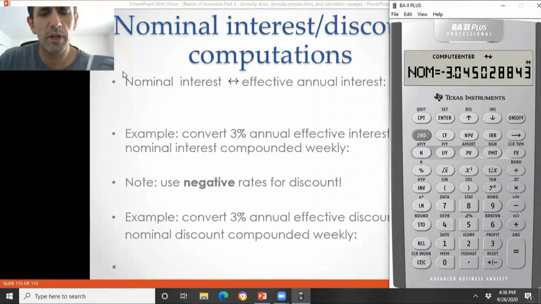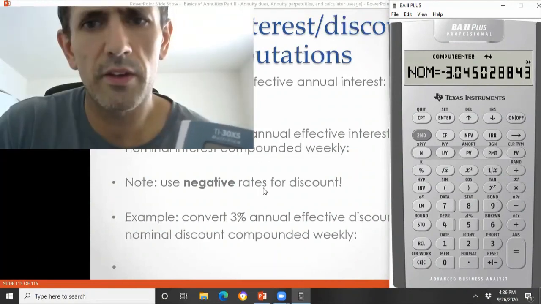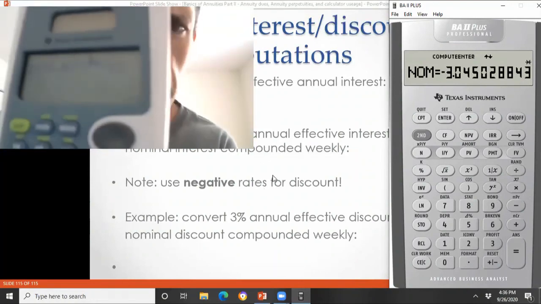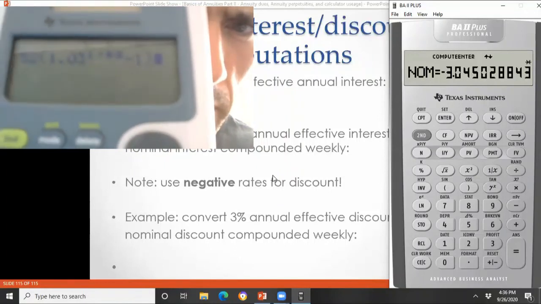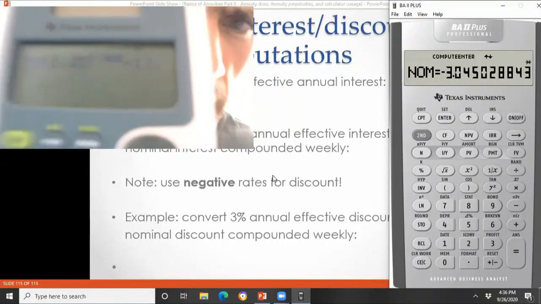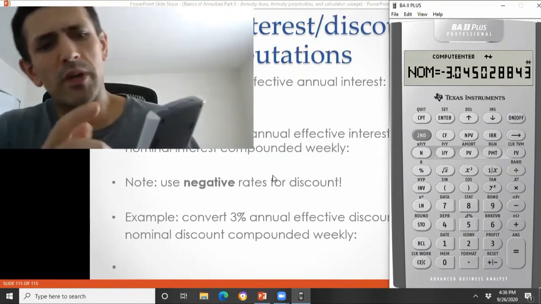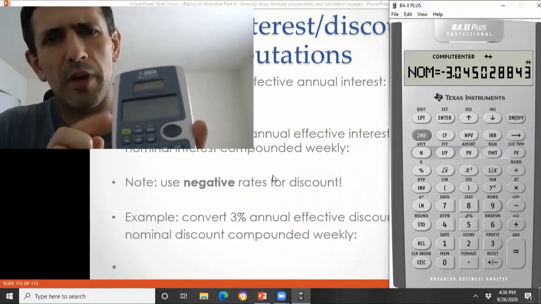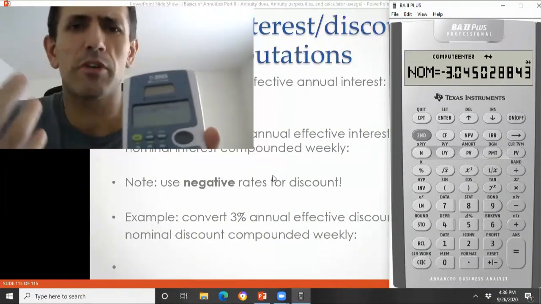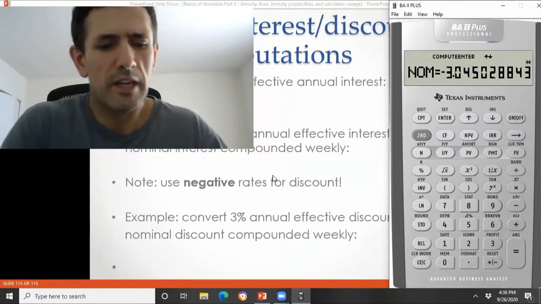I'm hoping that this, well, it might be a little difficult to see, but anyway. It really is much easier on this calculator to see what you're doing and to do things correctly.